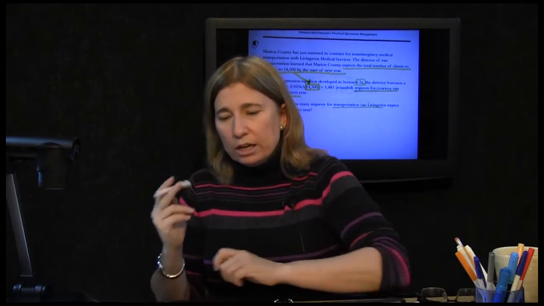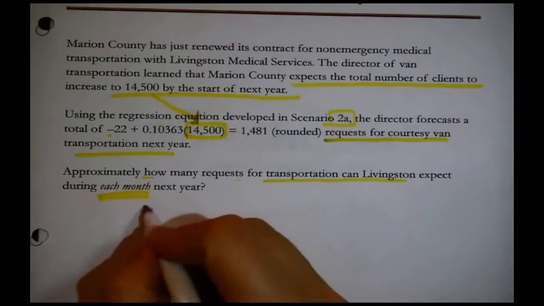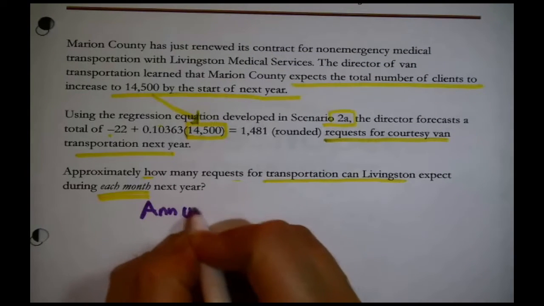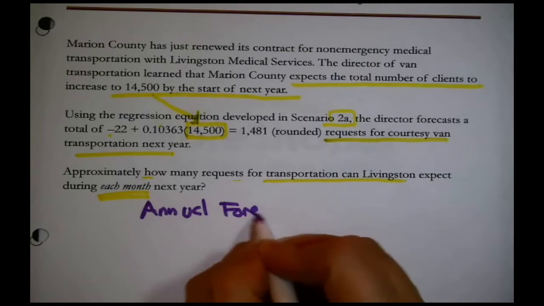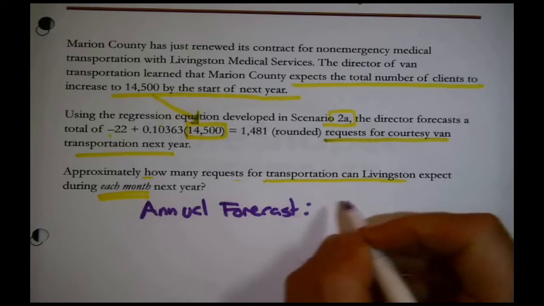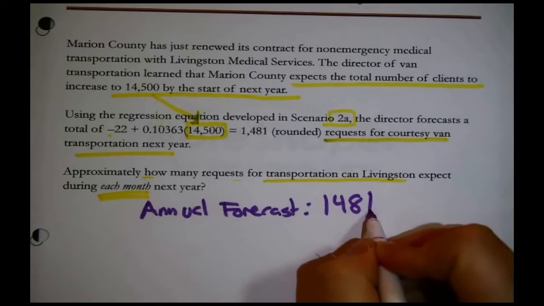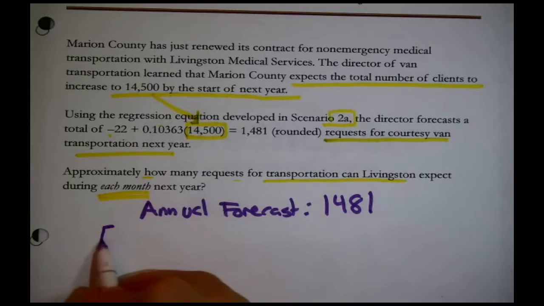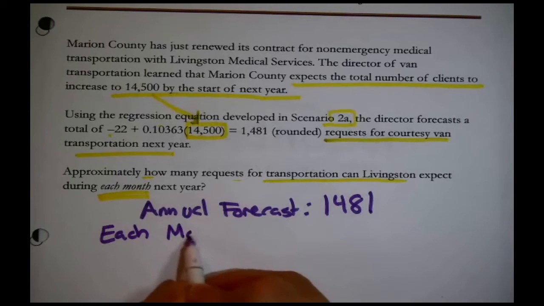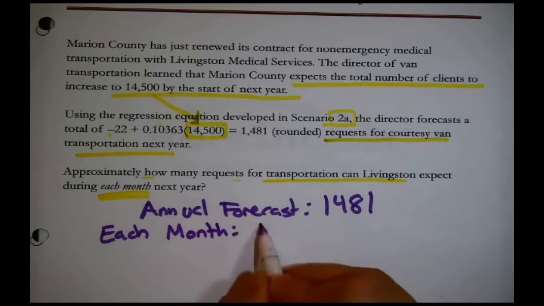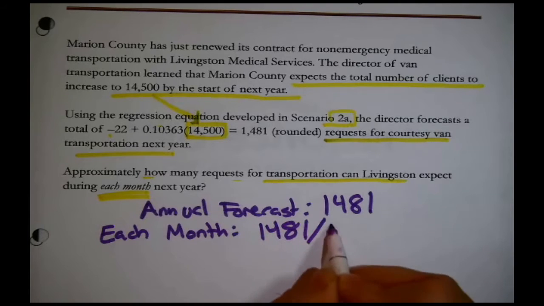Here's what we do. First off, what we do is simple and perfectly rational. Take the annual forecast, the big one that needs crunching, 1,481, and come up with an early estimate for each month by dividing by 12.